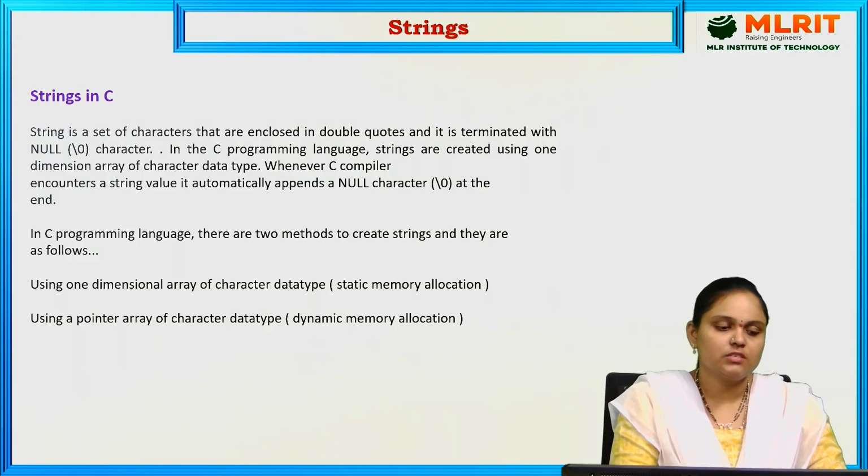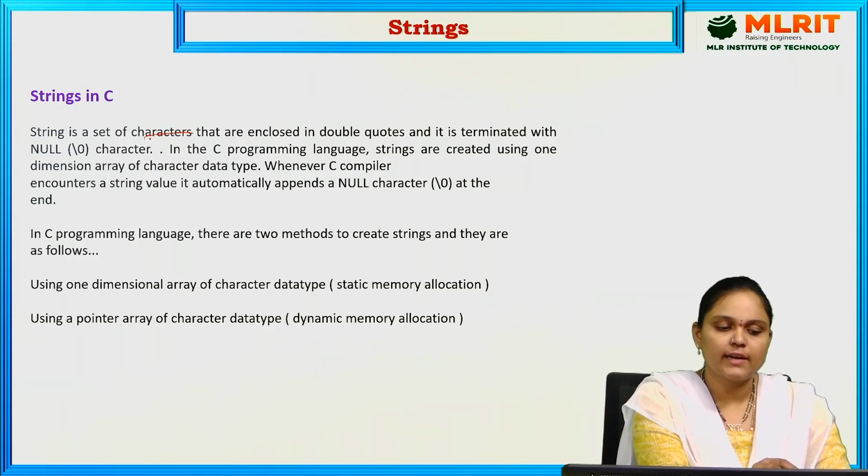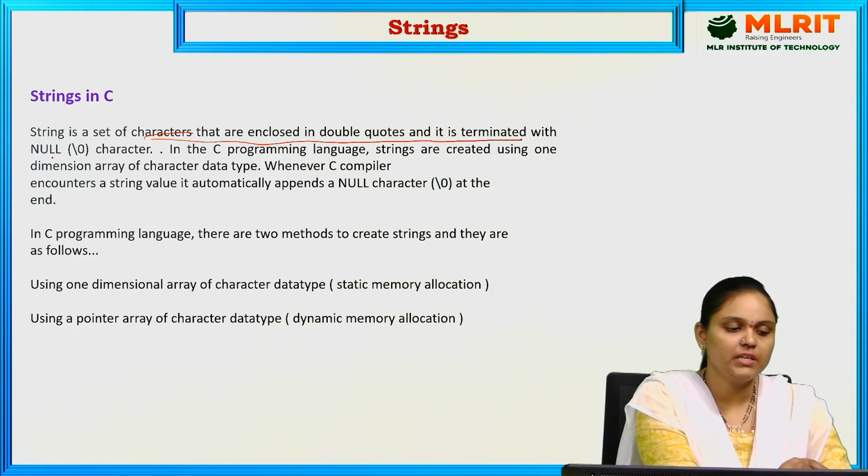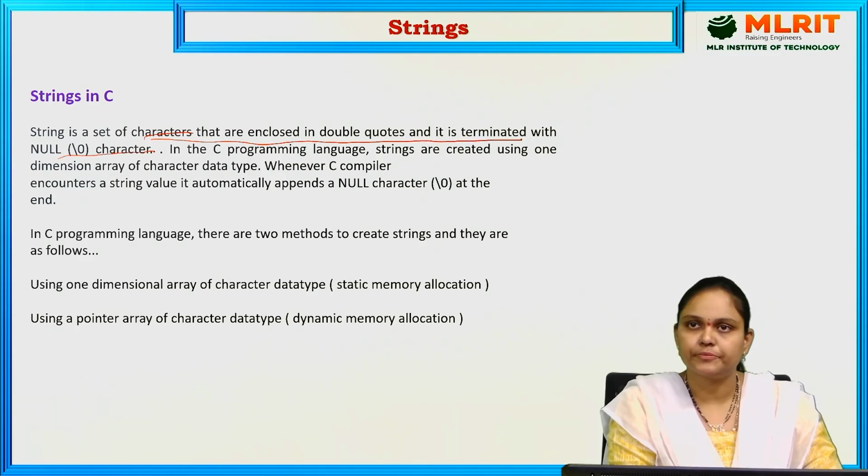Strings in C. A string is nothing but a set of characters that are enclosed in double quotes and terminated by a null character. A character means we can store only a single character, but a string is a group of characters.